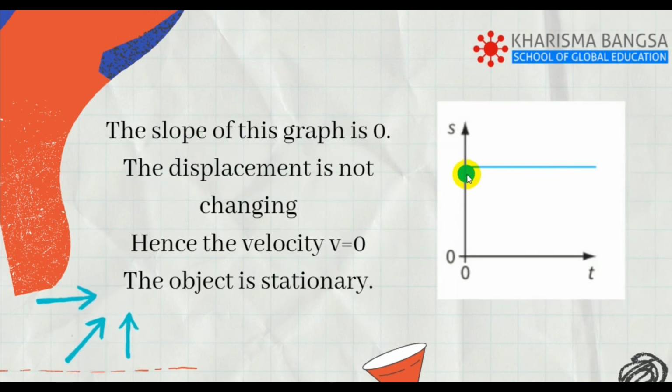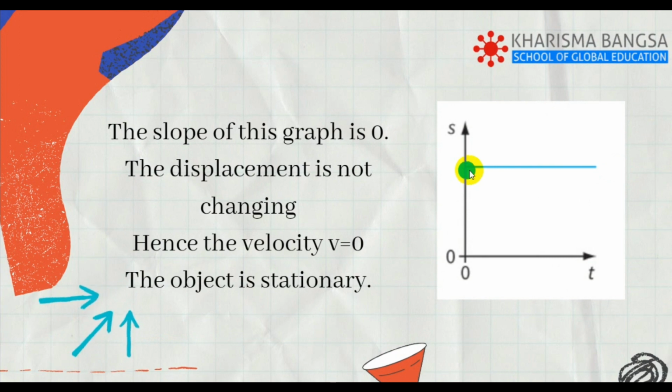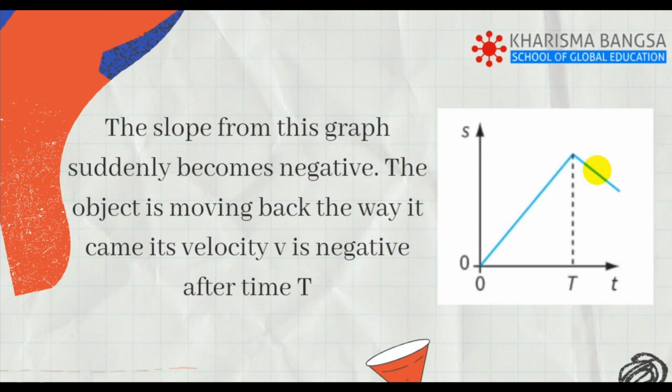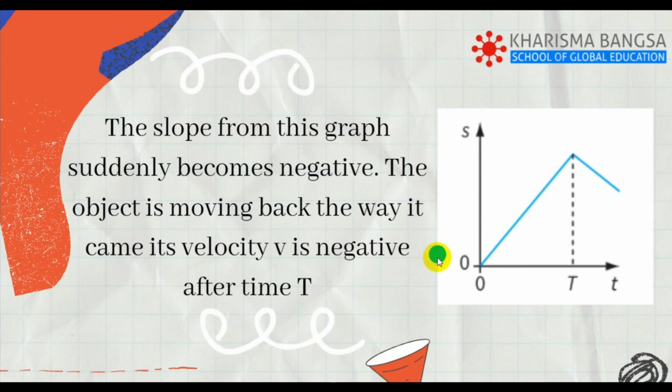The slope of this graph is 0. The displacement is not changing. The velocity is also 0. And we can say that the object is stationary. It's not moving at the moment. The slope from this graph suddenly becomes negative.